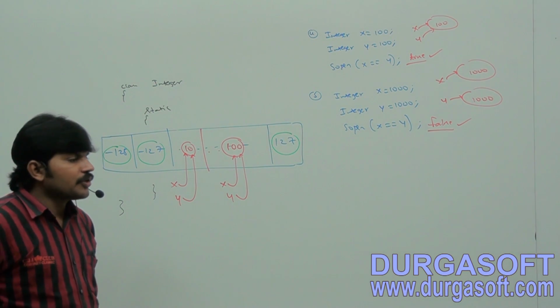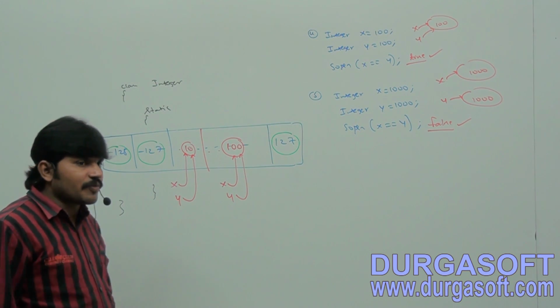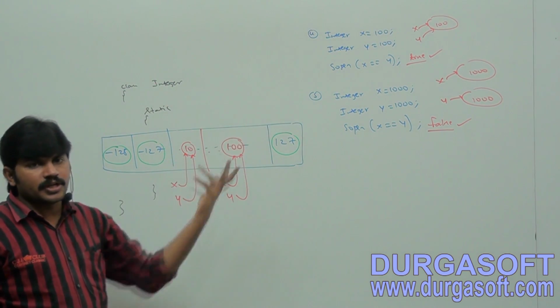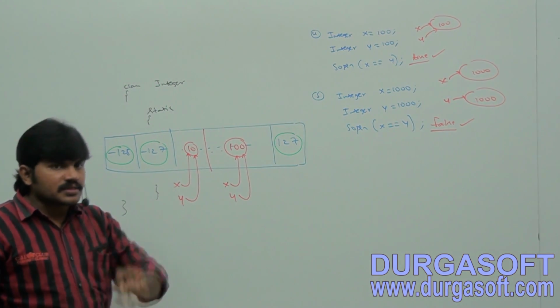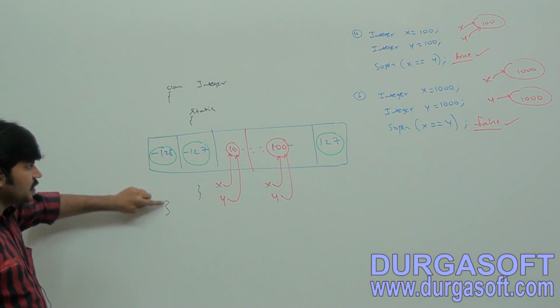Are you getting it? So the first priority is always for the buffered object. If it is not there in the buffer, then it is going to create a new object. Reusing the same object is applicable only for this buffer.